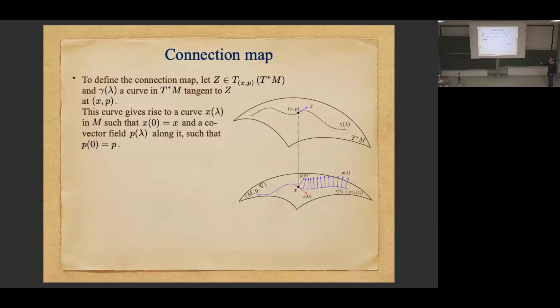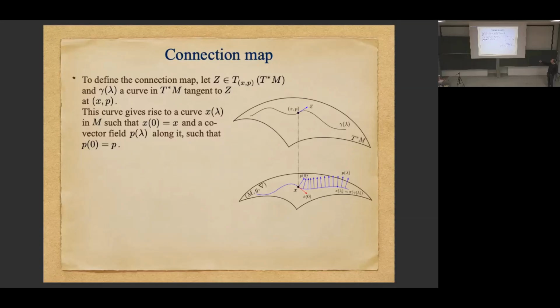I want to define the action of the connection map on a vector field Z. So I take a vector Z in the cotangent bundle, and I imagine I have a curve that passes through (x, p) and is tangent to Z at (x, p). Now, because we're in the cotangent bundle, remember these are pairs of points.